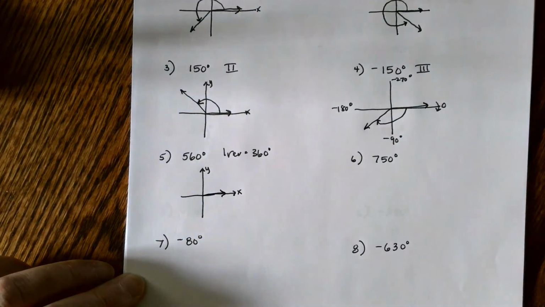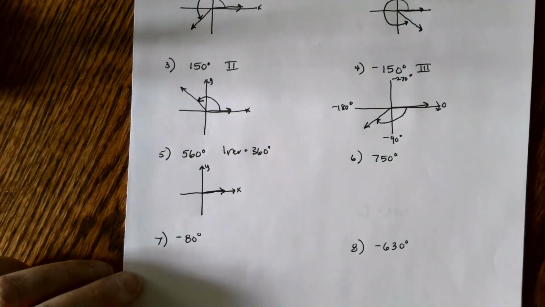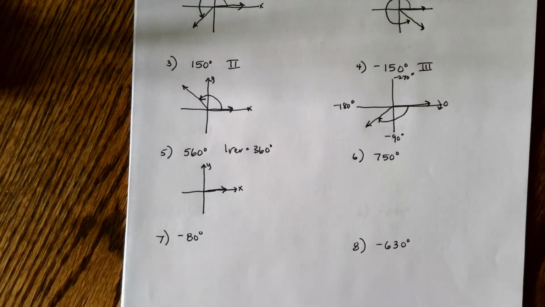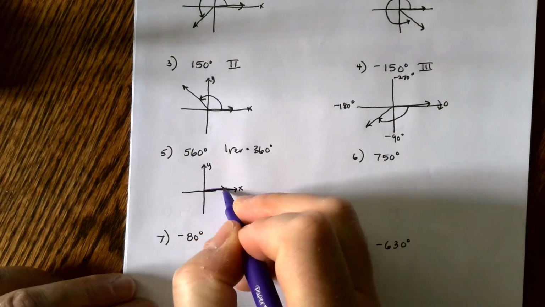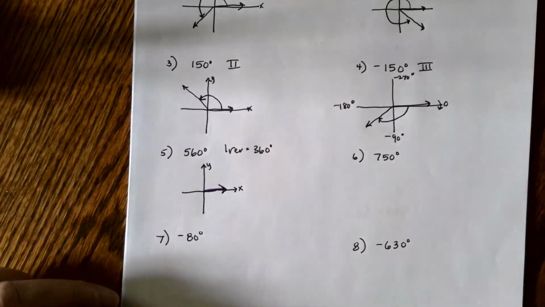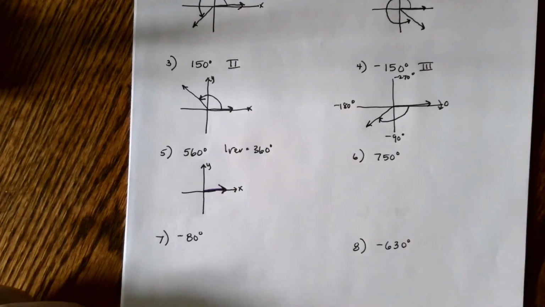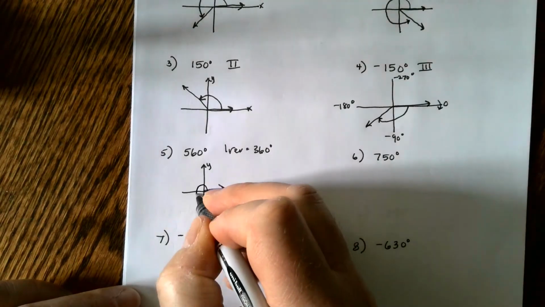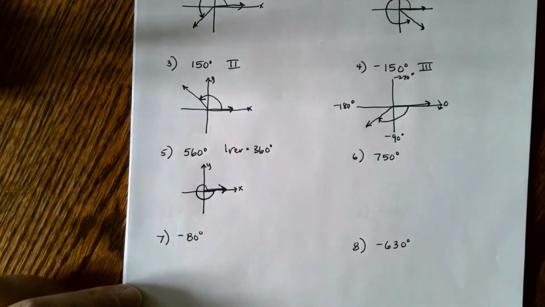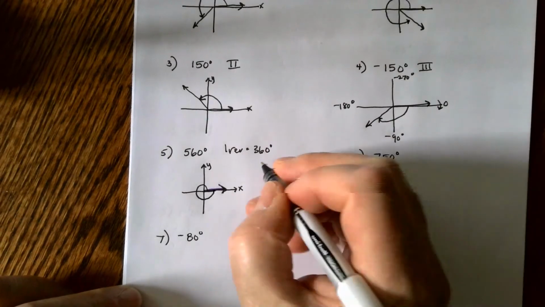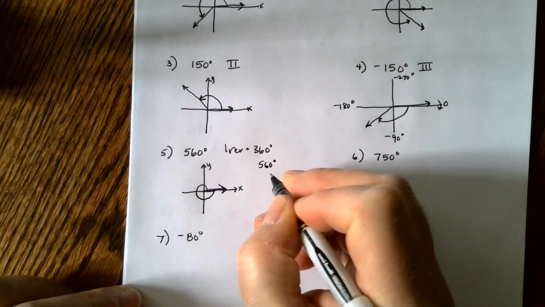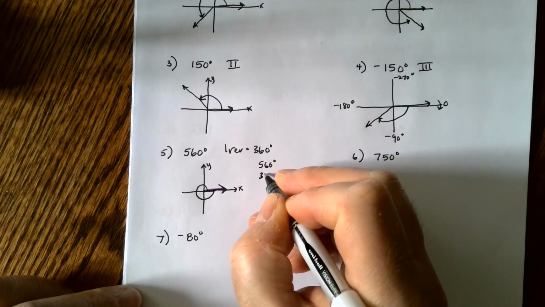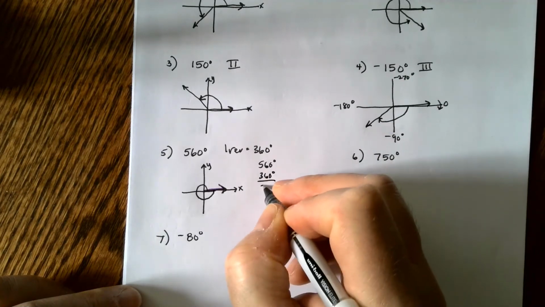And let me try a different color here so that this might help some of you see it better. We're going to start on the positive x-axis, and we're going to go completely around the circle once. Now if I take 560 degrees and I've gone completely one revolution, which is 360 degrees, I end up with 200 degrees.